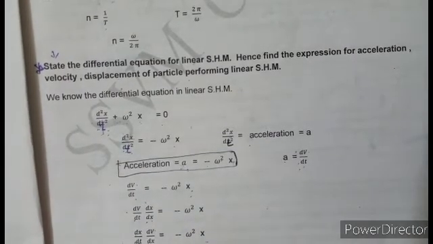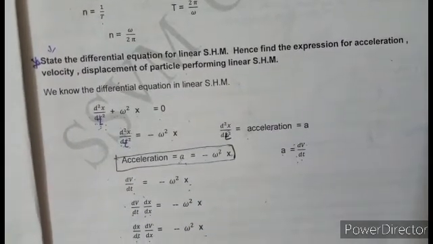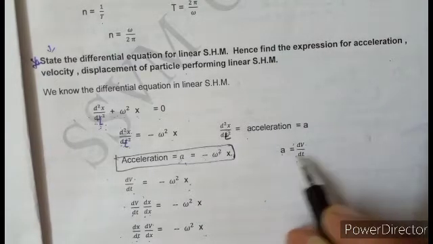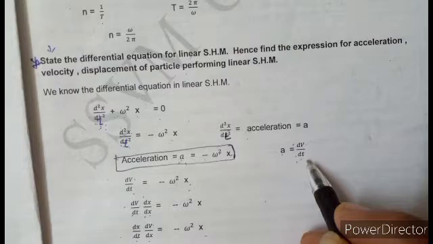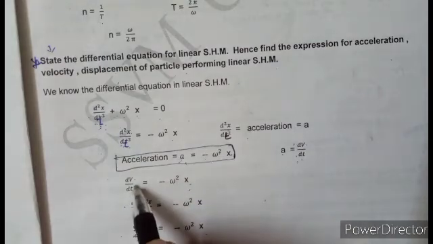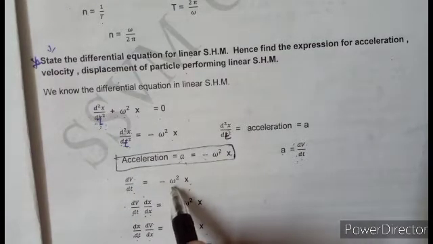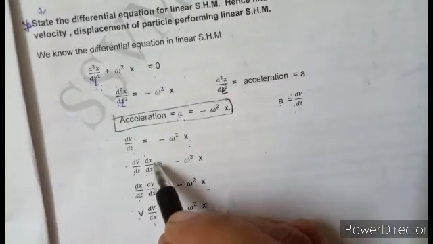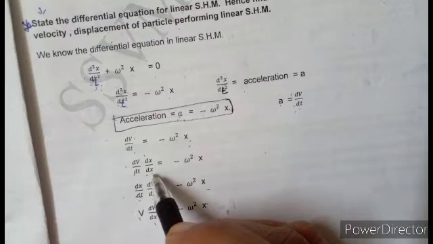Now we obtain the second equation as velocity. We know the definition of acceleration: acceleration is nothing but rate of change of velocity, so dv by dt. Substitute that value in this equation. So dv by dt is equal to minus omega square x. We multiply numerator and denominator by dx.